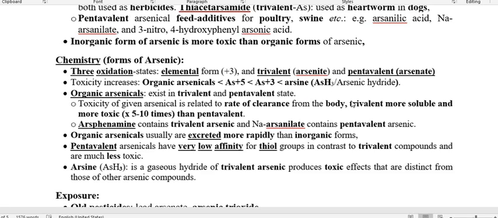So arsenic hydride is the highest in toxicity, thereafter the trivalent form, thereafter the pentavalent form, and the least toxic is the organic arsenical. So the range of toxicity is: arsine gas, then trivalent, then pentavalent, then organic arsenicals. This is about the toxicity.